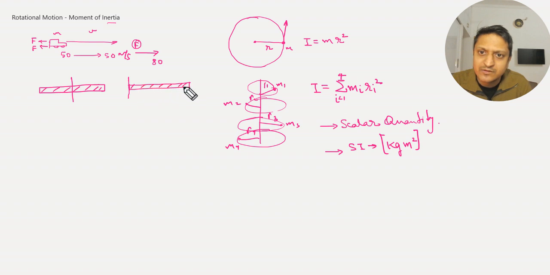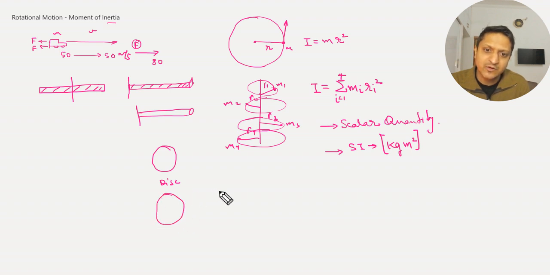So this is a bar-like structure. It could be rectangular also, it could be spherical also. Then there would be different objects like disc, sphere, or cylindrical bodies.